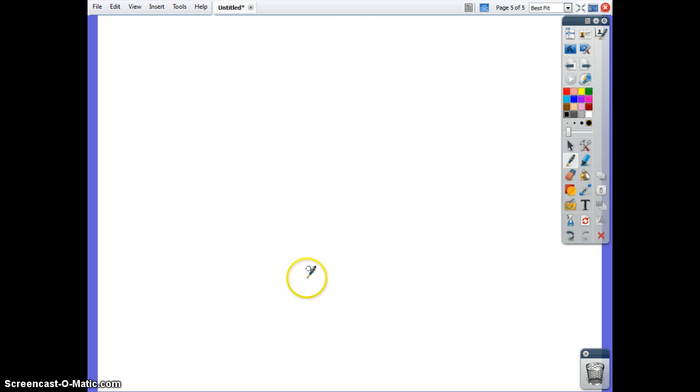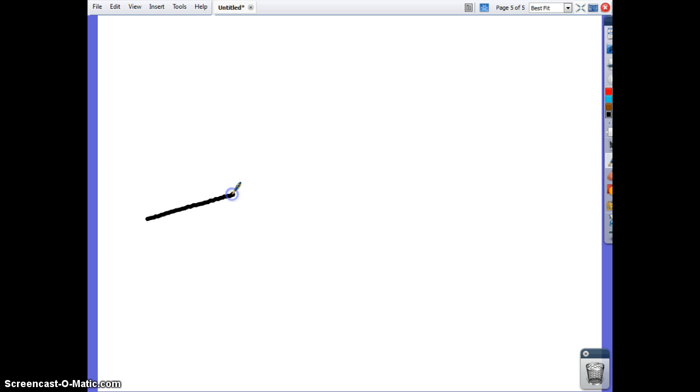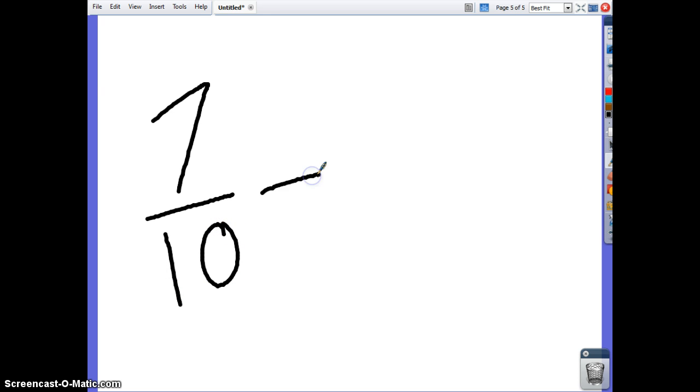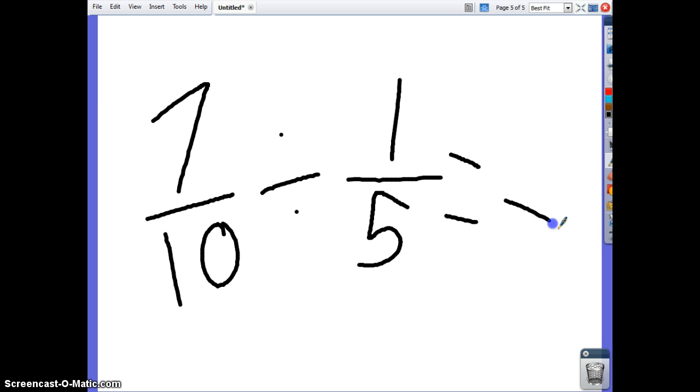So, now for division. As always, 7 over 10 and 1 over 5. Now, division is more complicated. We are going to need to find the reciprocal of 1/5.